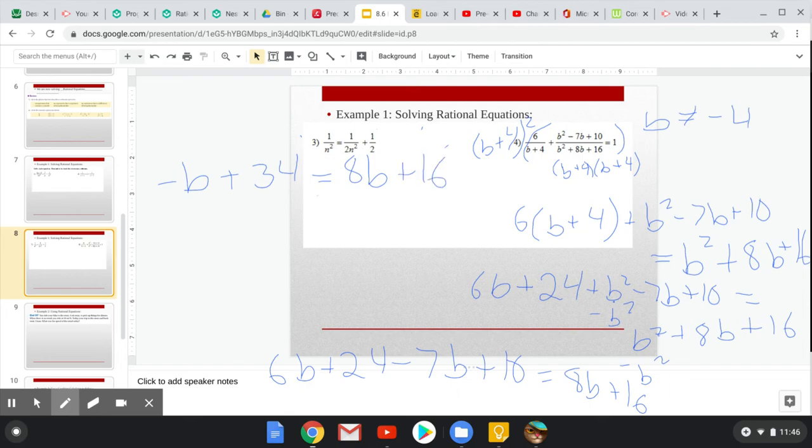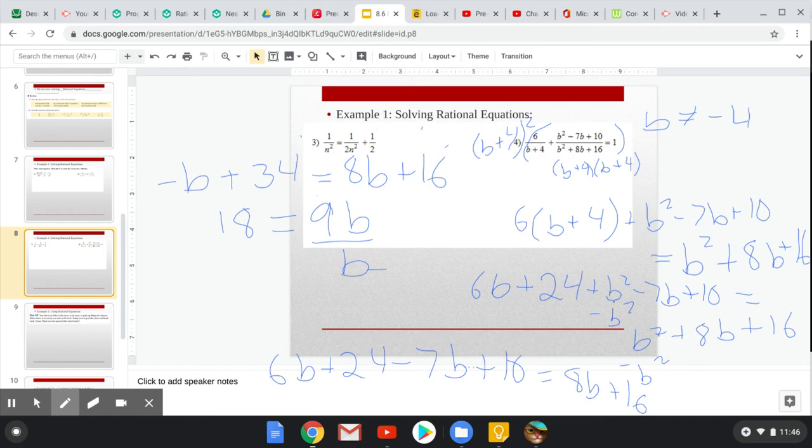And then I'm going to subtract 16 from both sides. So if I subtract 16, I'm going to get 18. And then if I add b to both sides, I'm going to get 9b. So 18 equals 9b.